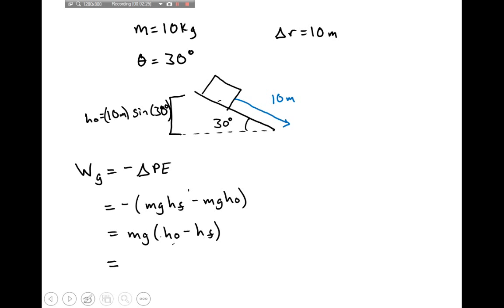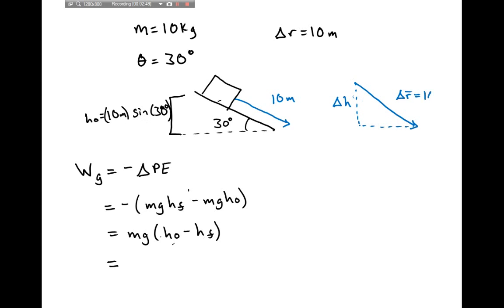Let me draw a little picture of what's going on here. My displacement looks like this. This is my delta r, and I'm trying to find how far I move in this vertical direction. So if delta r points down, then delta h points down. That's this thing right here.